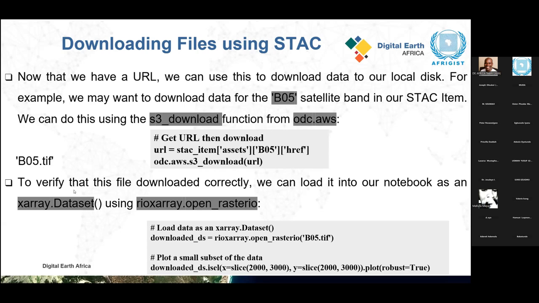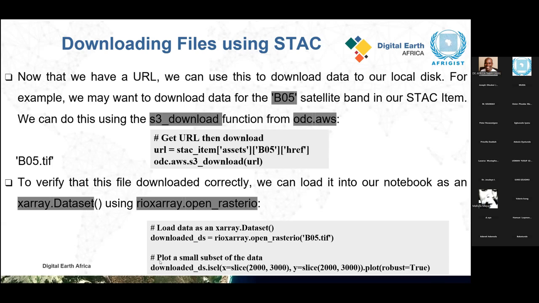The result gives us here the B05.tiff. To verify that this file downloaded correctly, we can load it into our notebook as an xarray.dataset using the rioxarray.open_rasterio. In the comment here, we put load data as an xarray.dataset, downloaded_ds equals rioxarray.open_rasterio in brackets the band we are interested to visualize.